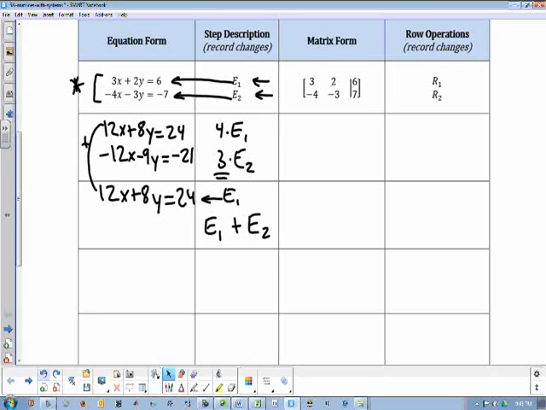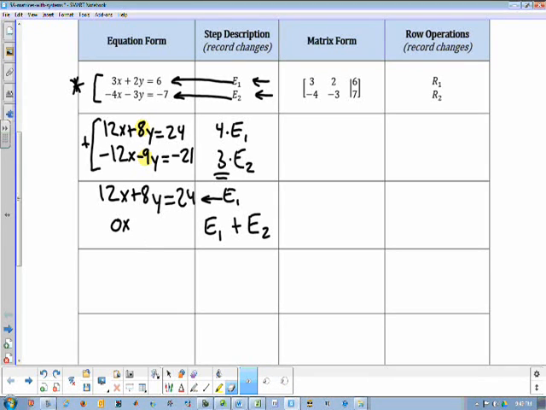Okay? And now, if we add the two equations from up above here, we add the x's, we get 0x. If we add the y's, we get 8 plus -9 there, and that's going to give us a -1, right?